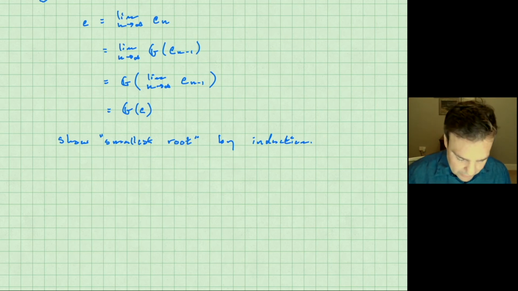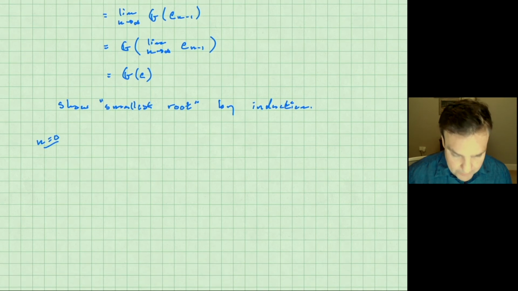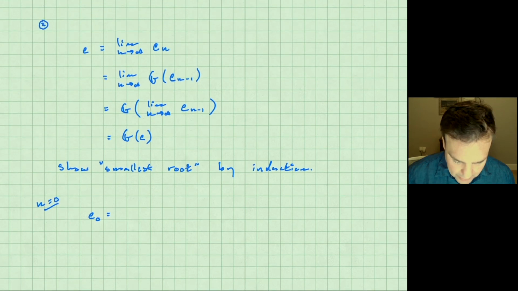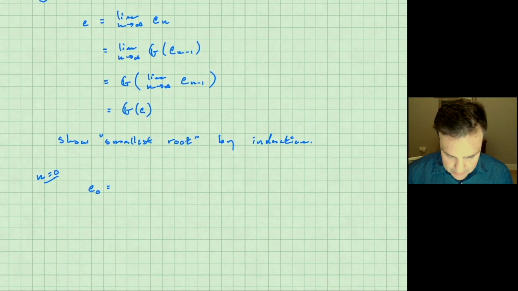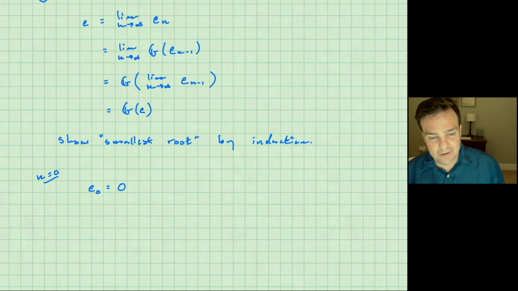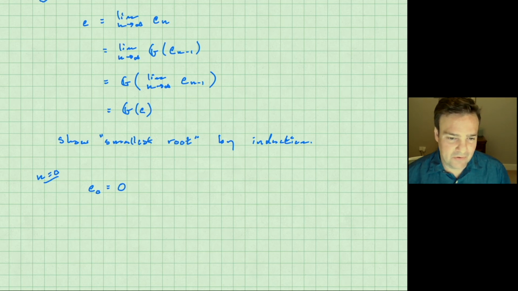Okay, so let's look at the n equals 0 case, the base case. So for n equals 0, we have e sub 0 is actually equal to 0. That's the definition: the probability of being extinct at time 0 is 0, because we have a population of 1 at that time.